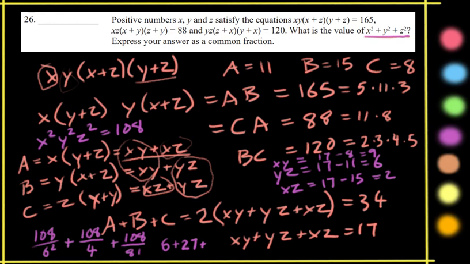I don't think 108 is going to divide by 81. 108 divided by 81. I can at least take out a 9, or actually I can probably take out a 27, right? Because 108 is 6 cubed.